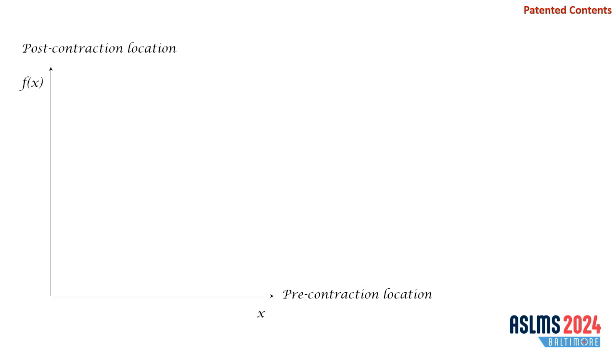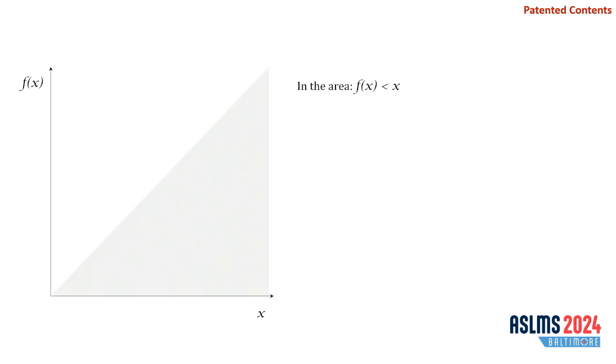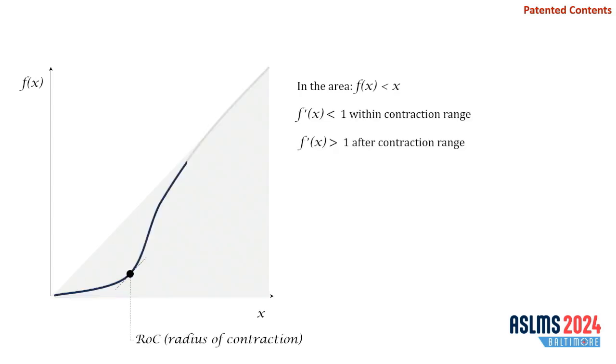So the graph of f(x) against x would be below the line of y equals x, because there would be no element that goes further after contraction. It would begin with a slope less than 1, and the slope would reach 1 at the radius, then get steepened.